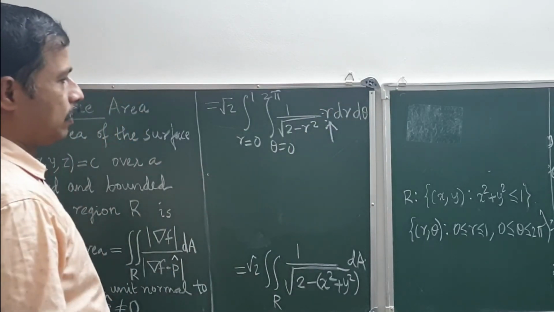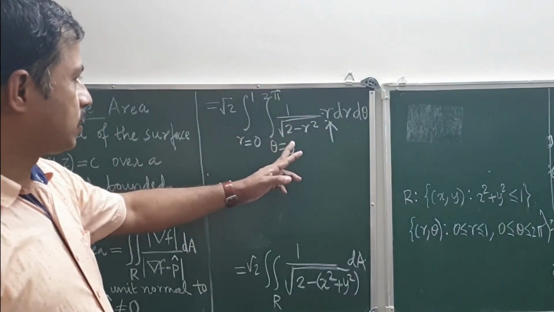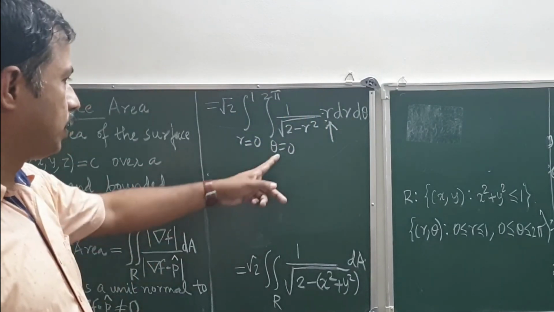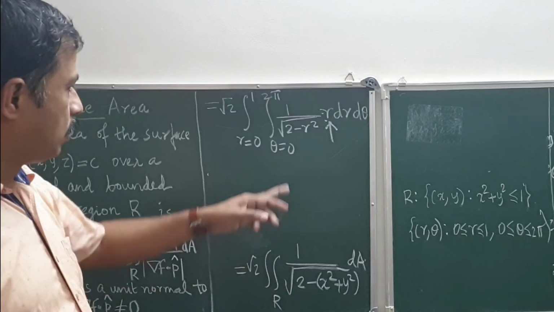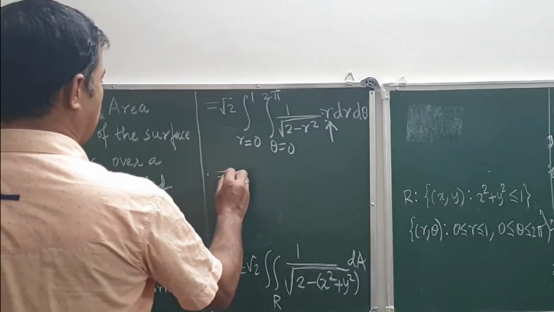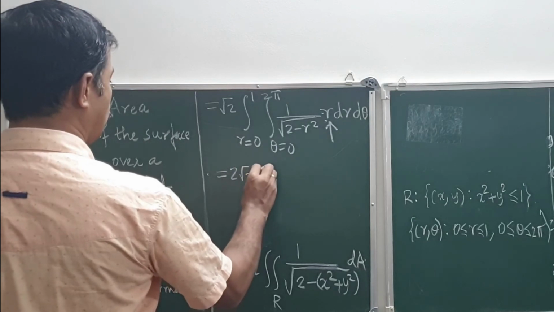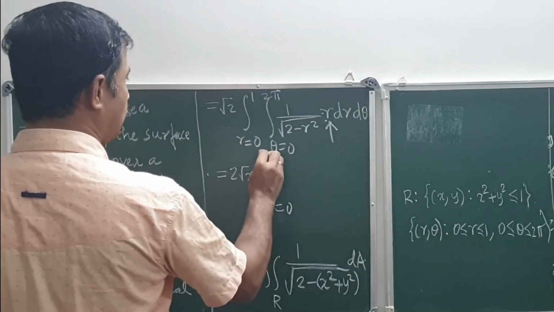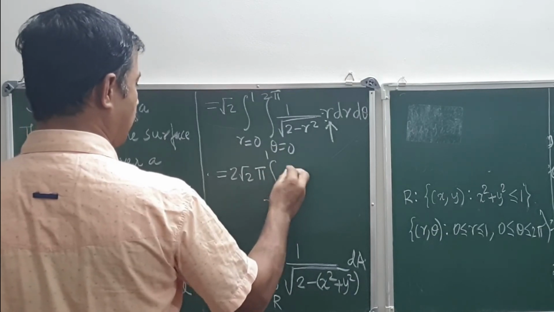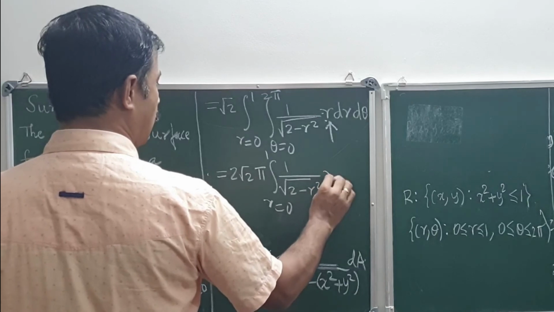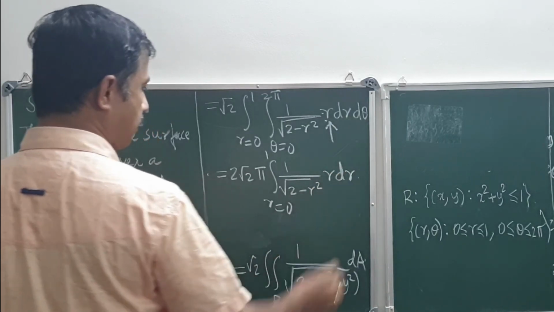We can first integrate with respect to theta. Theta within the limits 0 to 2 pi gives 2 pi. So this becomes 2 root 2 pi integral from r equal to 0 to 1, 1 by square root of 2 minus r square, r dr.